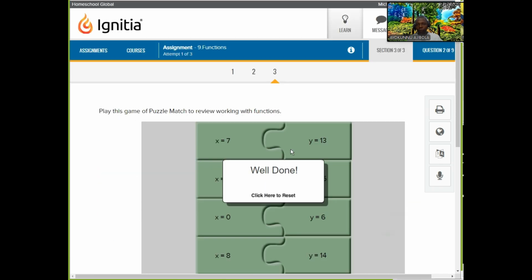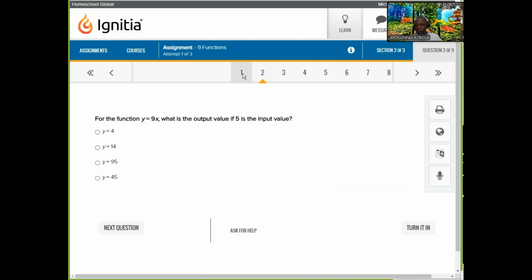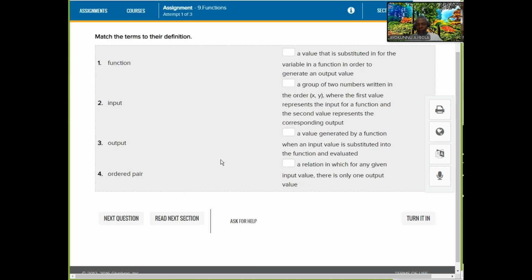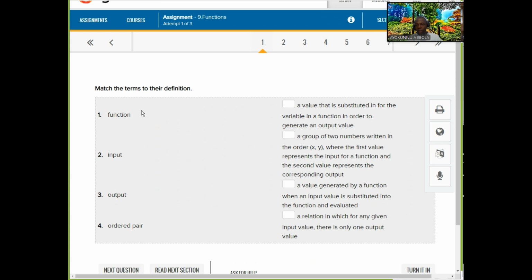So, we're going to be working on questions, okay? Now, here comes your job. Function is what? You told me the other time, a relation in which for any given input there is only one output. So this is number one.